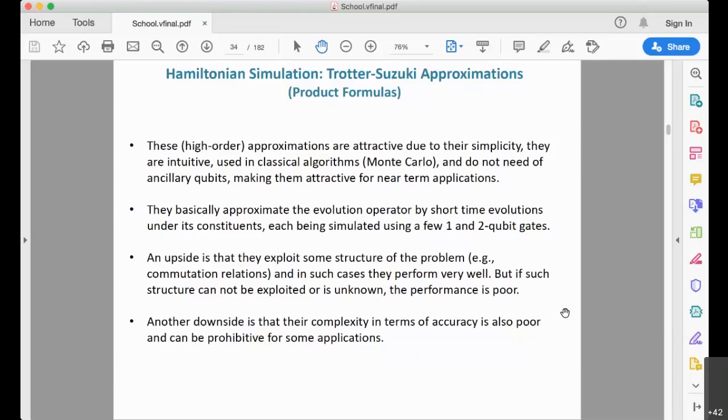Another downside is that the complexity, as we will see, in terms of the accuracy epsilon is also poor. And this could become a killer if you are interested in doing quantum simulation with high precision. And certainly, certain areas in physics require such high precision, like simulating QED or QCD.